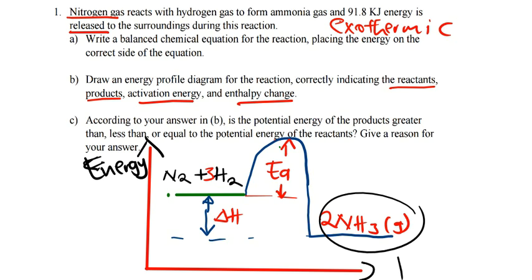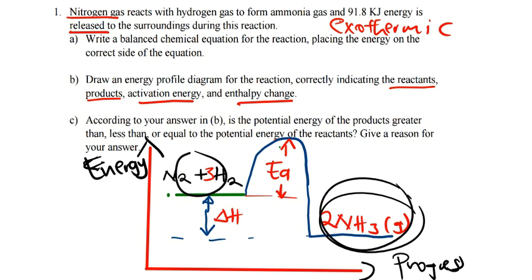It shows the progress of the reaction. So the reactants have higher energy than the products. The reason is very simple: the potential energy of the products is less than that of the reactants because the reactants were losing energy. So the reactants have the greater energy compared to the products. I hope that makes sense.